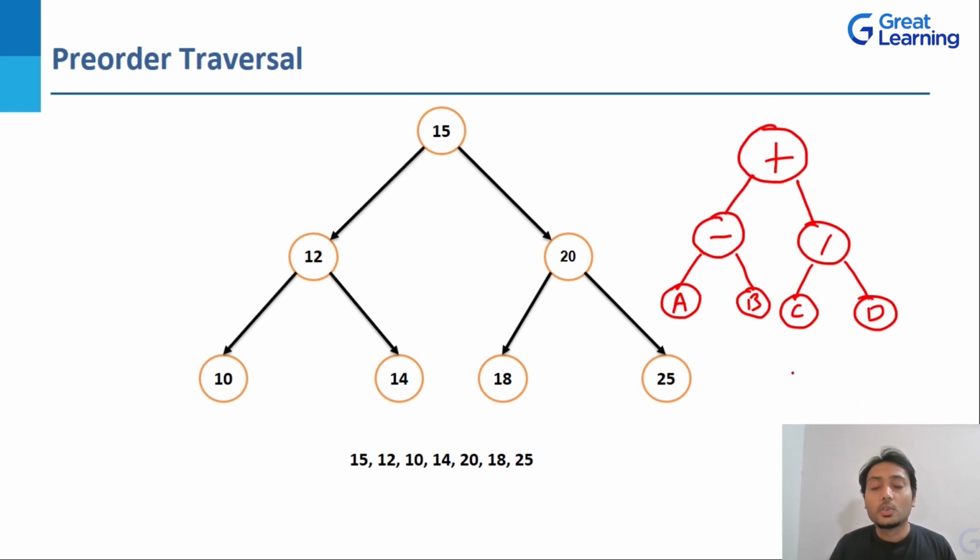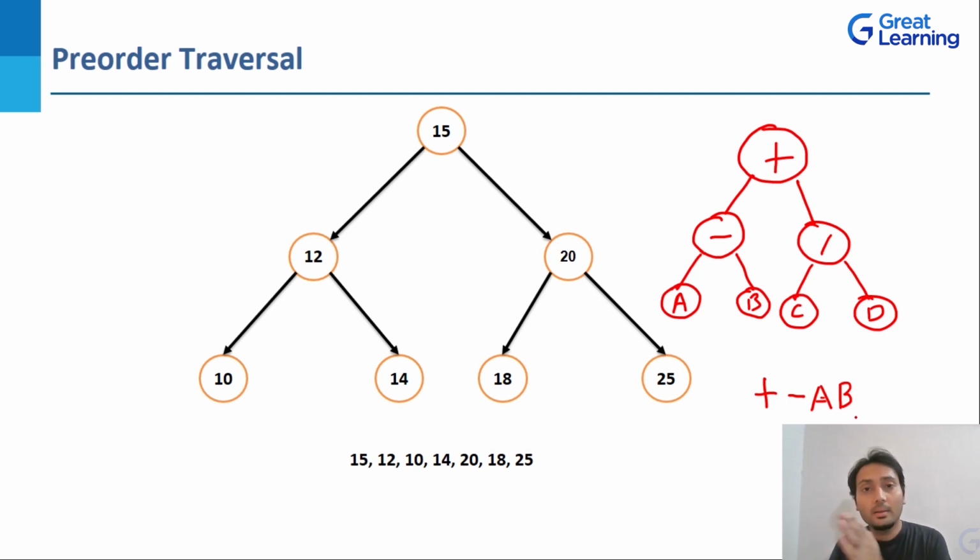Let us see that. So first what we do, we visit the root node. So I've got the plus here, and then we visit the left subtree. Here we have the minus operator, and then we have the operands. So we have to traverse what? The left child of minus, which is A, and then the right child, which is B. So now we are done with our root node and our left subtree.